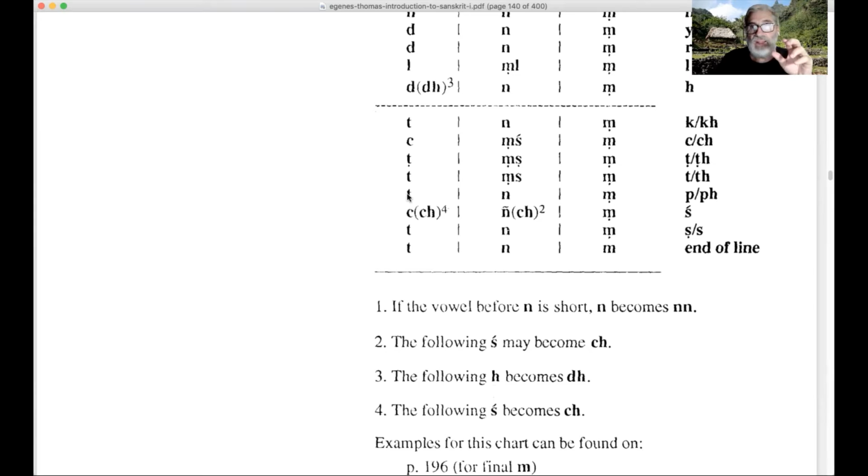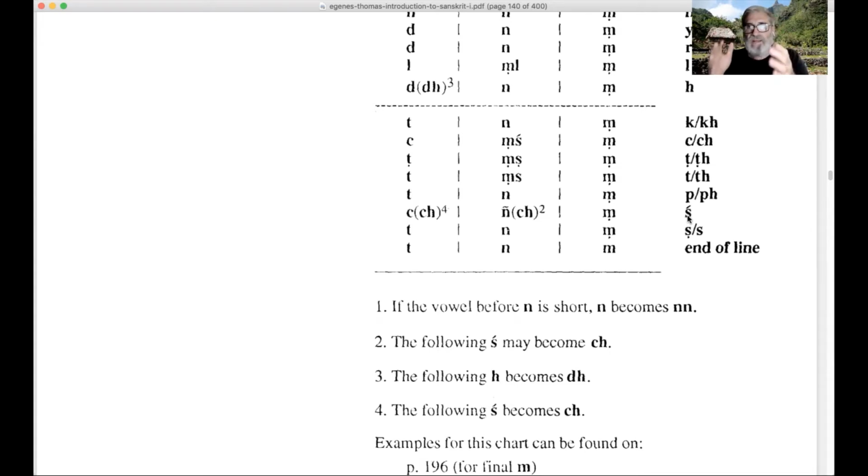It's aghosh alpapran. It has little air, it's unaspirated and unvoiced. So the T is unaspirated and unvoiced, and the C is also unaspirated and unvoiced, but the C is in the family of the palatals, which is the same family as the letter that comes after it.